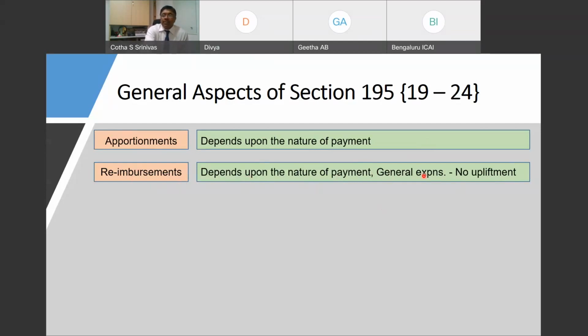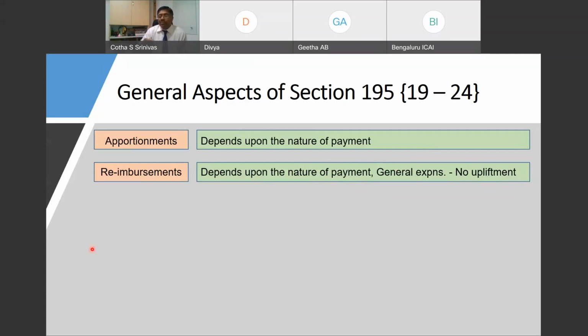But there are certain general expenses where there is no upliftment, like traveling expenses, medical expenses, insurance expenses, visa charges, immigration charges, or tax liability. All these things will be charged from one group company to another group company on an actual basis, that is, the actual cost that has been incurred without there being any profit element, that is, no upliftment.